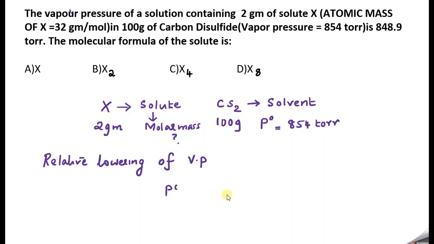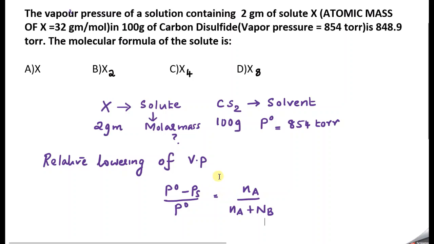That is, P0 minus Ps by P0 is equal to Na divided by Na plus Nb. Here Na represents the number of moles of the solute, and Nb represents the number of moles of the solvent, correct?